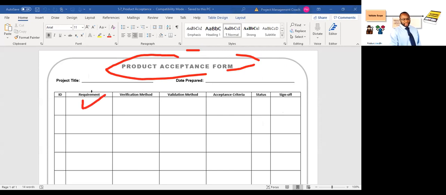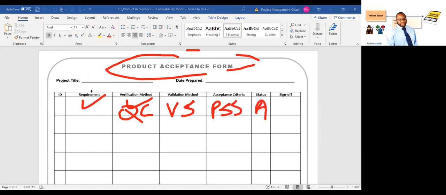What is the requirement? What is the verification method? In other words, how did you do QC? And how are you going to do validate scope? And what is the acceptance criteria in the project scope statement? What is the status? A for accepted, R for rejected, something else, whatever, and then sign off. And that is what product acceptance looks like.